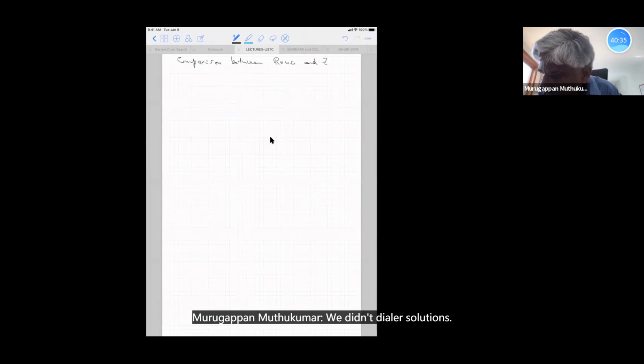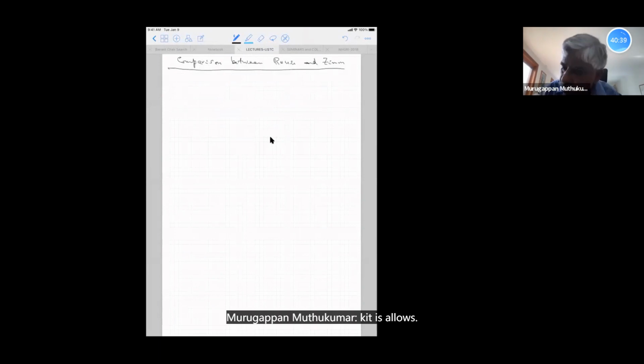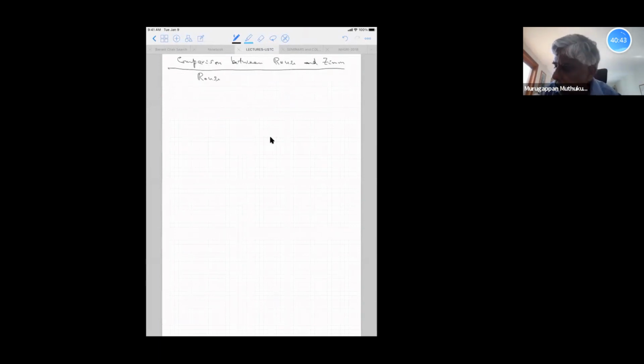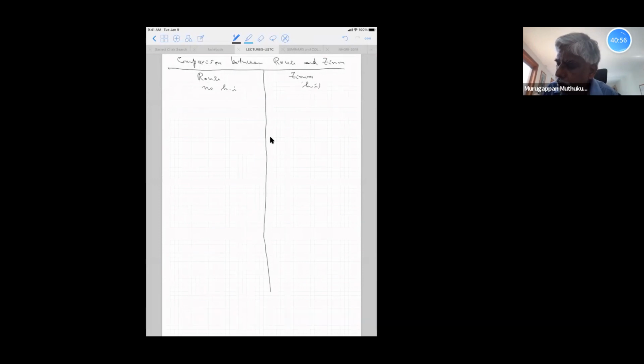This is in dilute solutions. Here is Rouse, and this is Zimm. Here no hydrodynamic interaction, and here hydrodynamic interaction. That's what we do.